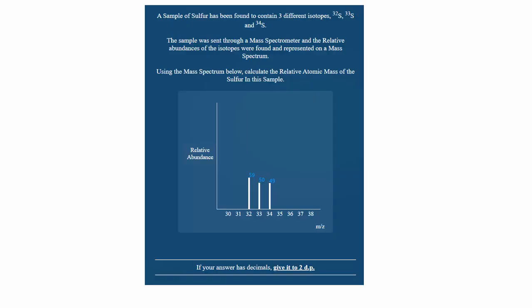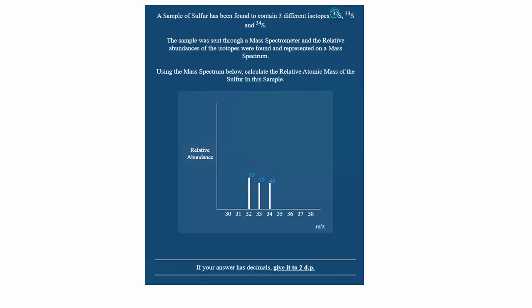Okay, so to approach this question, the first thing I'm looking at is the relative isotopic masses and working to match that with what we see in the actual mass spectrum. So here we have sulfur 32.